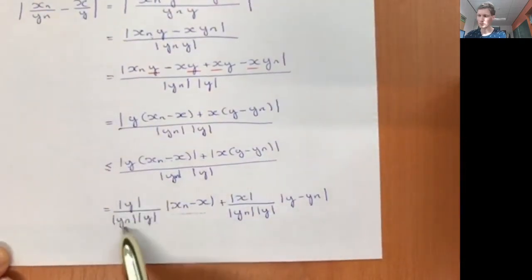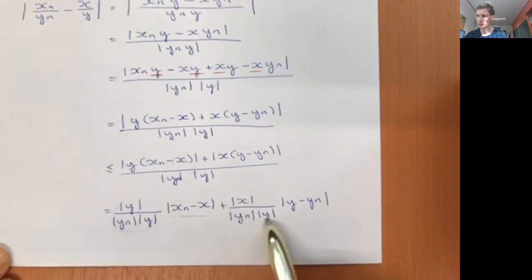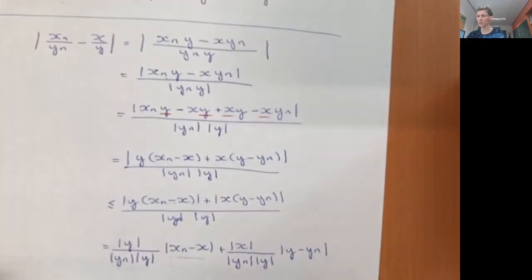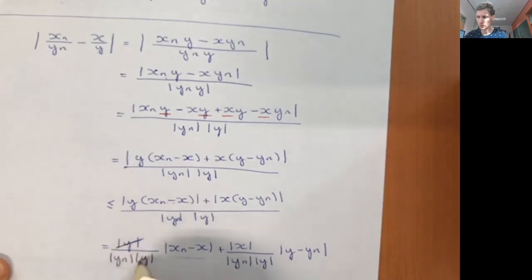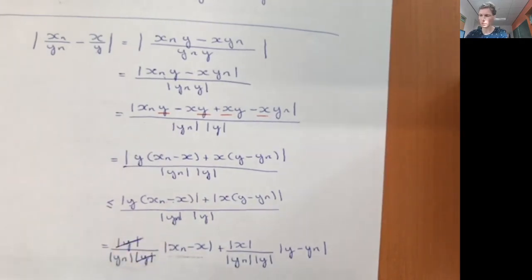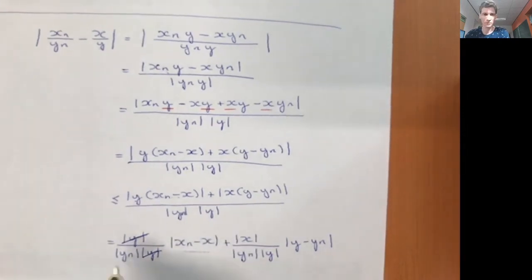Here we have something that looks like a number, and here we have something that looks like a number. Actually we can divide these two, so that's not a problem. The only problem is that this yn is not a fixed number; it varies over n.